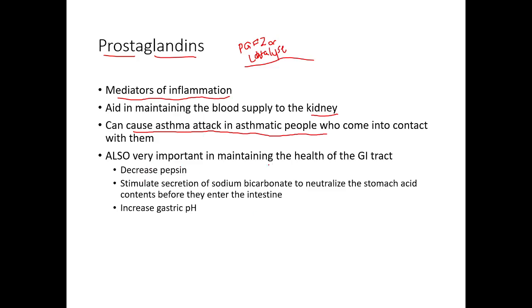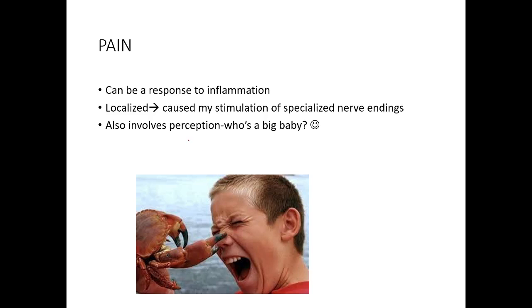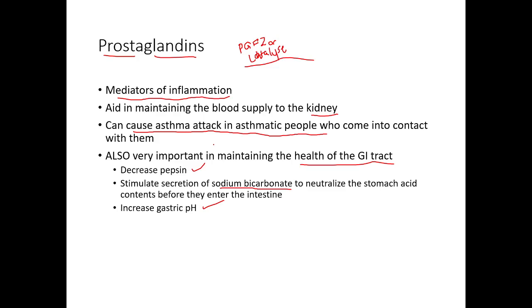Prostaglandins are also very important in maintaining the health of the GI tract. They decrease pepsin. They stimulate the secretion of sodium bicarb, so that neutralizes stomach acid contents before they enter the intestine. And they increase gastric pH. So increasing gastric pH, meaning they're making it more alkaline with that sodium bicarbonate.